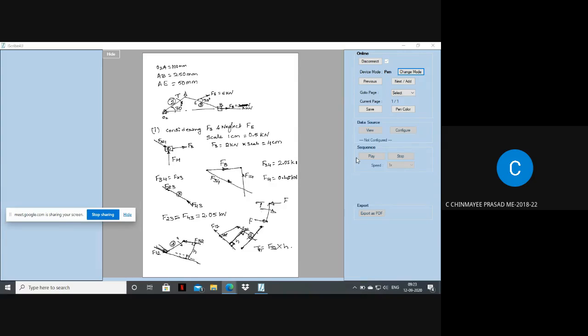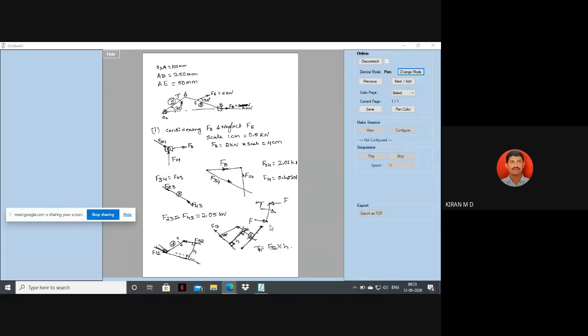What should it be, sir, approximately? I got torque around 147 kilonewton millimeter. The H value I got 70 mm. After that, what should we do, sir? For torque, you multiply.